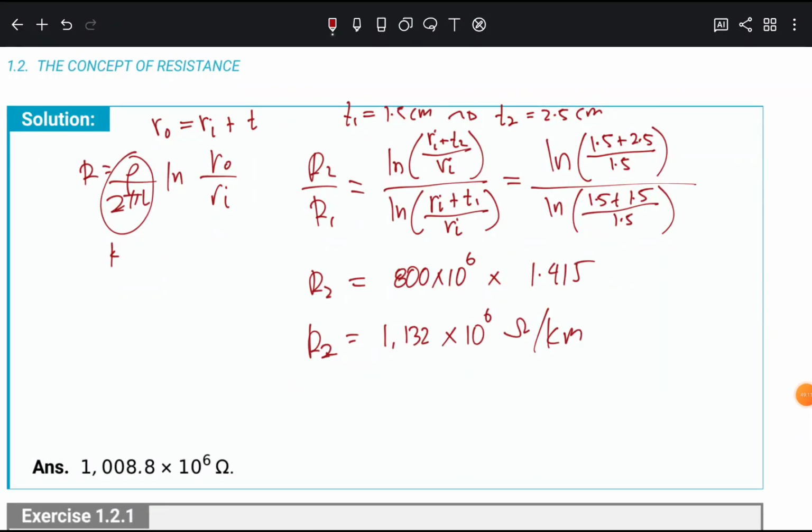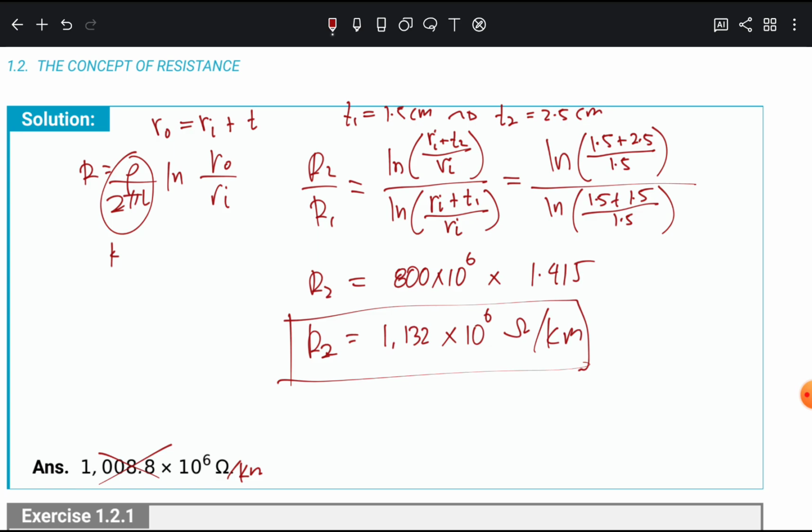And if you look at the answer here, this is 1008 times 10 raised to 6 per kilometer. And I think this is the wrong answer, and this will be the correct answer. I calculated it again, and the answer is 1132 times 10 raised to 6.